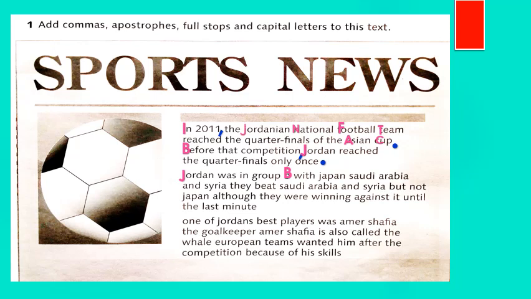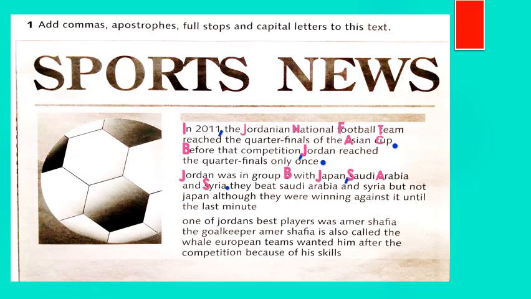And here we have a list of similar words, the names of countries. So we have Japan, capital, and a comma to separate between the items of the list. We have Saudi Arabia, capital because it is a proper noun, and Syria. And here we add a full stop because it is the end of a sentence.